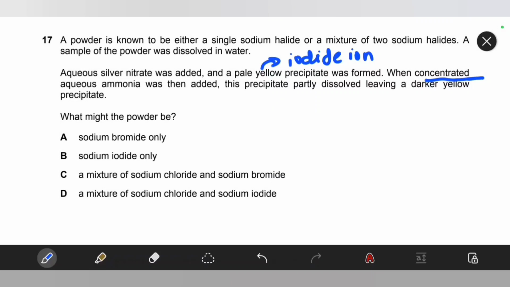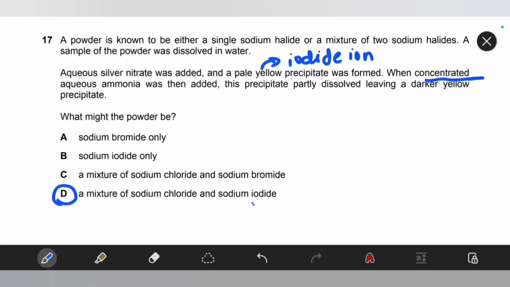The answer for this must be D, because for sodium chloride, we know that the chloride PPT is the one that dissolves, and it only dissolves in concentrated aqueous ammonia. None of the other ones, bromide or iodide, does. And sodium iodide, why?